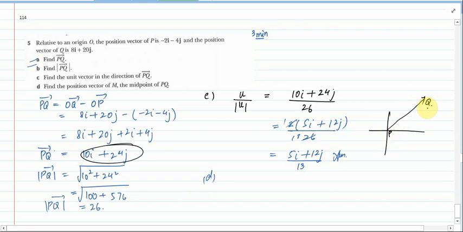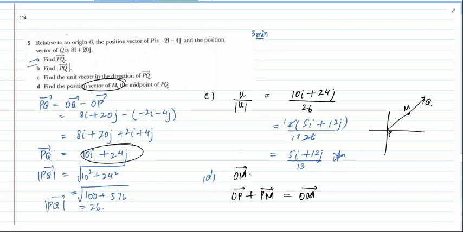It says M is the midpoint of PQ, so M lies here. So the midpoint of PQ will give PM. We need to find the position vector OM, that means we are looking for OM with respect to origin. So the equation I'm going to make here is OP plus PM equals OM.